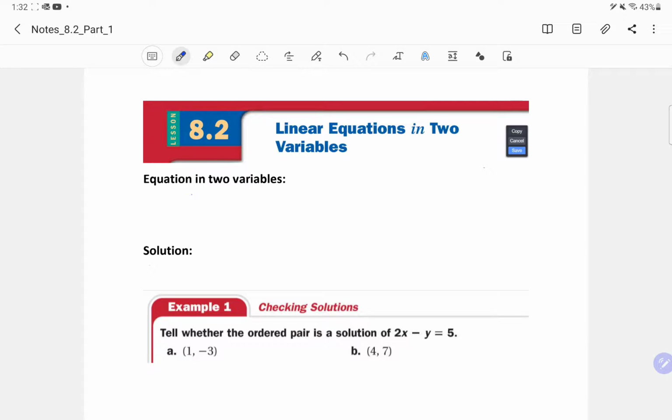So we have equations in two variables. What that would mean is we have an equation, which we know what an equation is. It's a statement of equality. An equation in two variables is a statement of equality with two variables or unknowns.